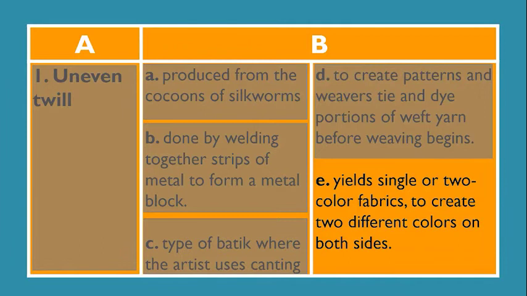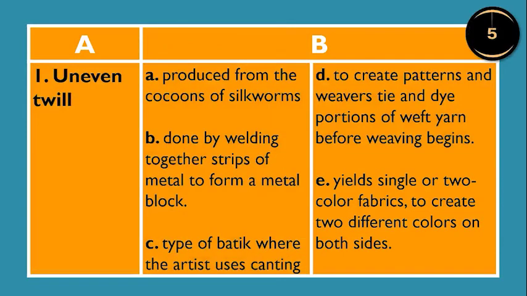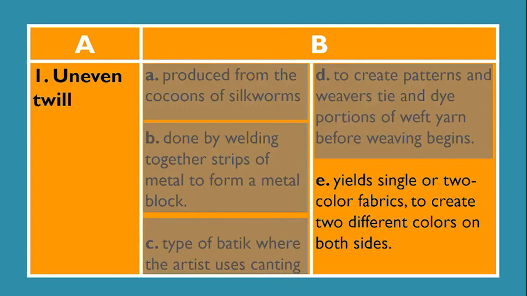Let's start with number 1, an even twill. Ready? You have 5 seconds. Time is up and your answer is? That is letter E. An even twill yields single or two colored fabrics to create two different colors on both sides. Are you ready with the next item?